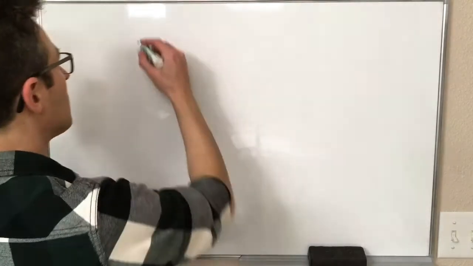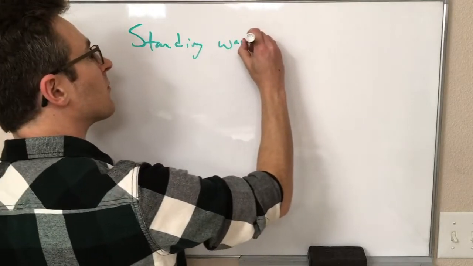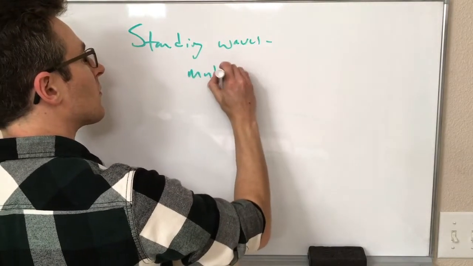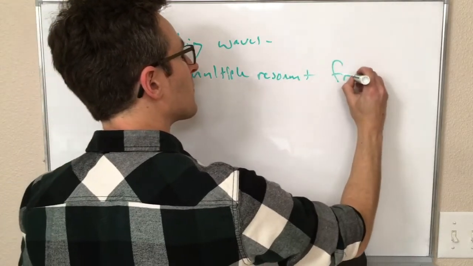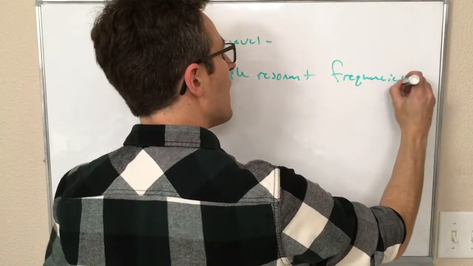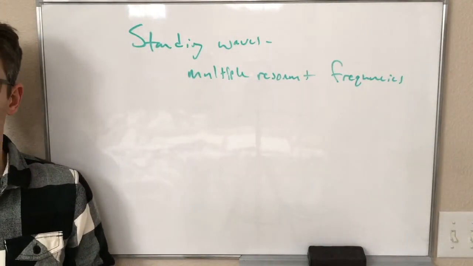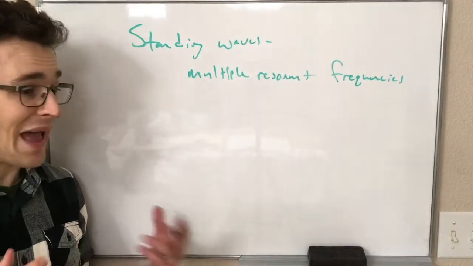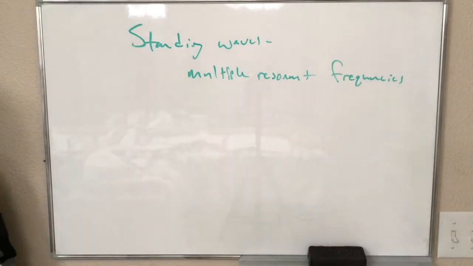Systems with standing waves can have multiple resonant frequencies. That's because, as we've seen, systems can have multiple standing wave patterns with different wavelengths that they like to be excited at.